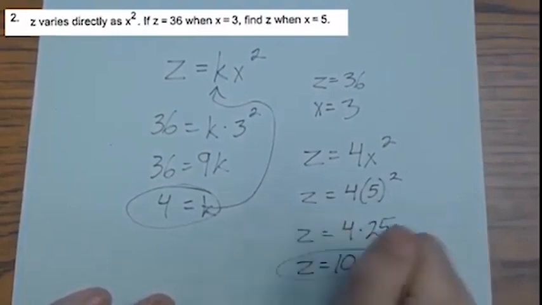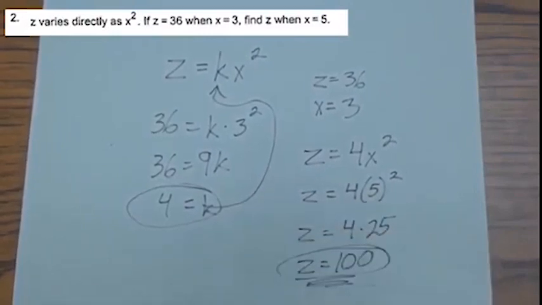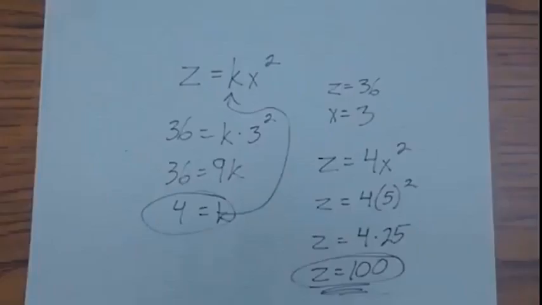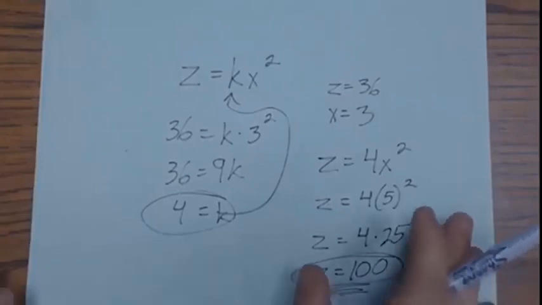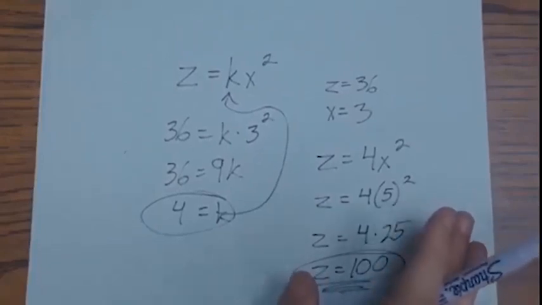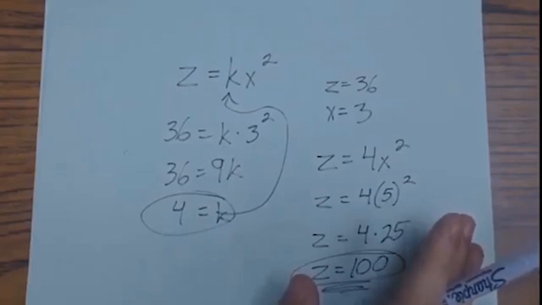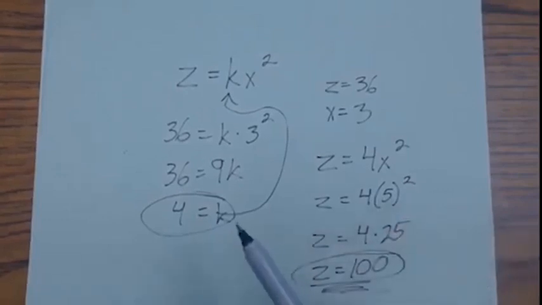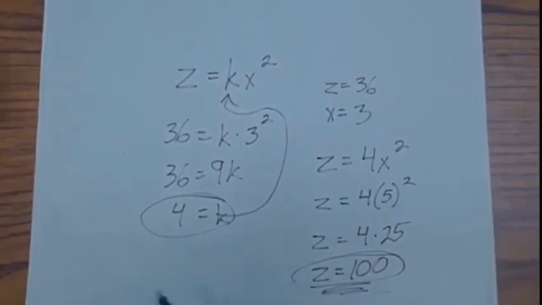We get z equals 100. Now, if direct variation is multiplying after the k, inverse variation is going to be dividing by the k.